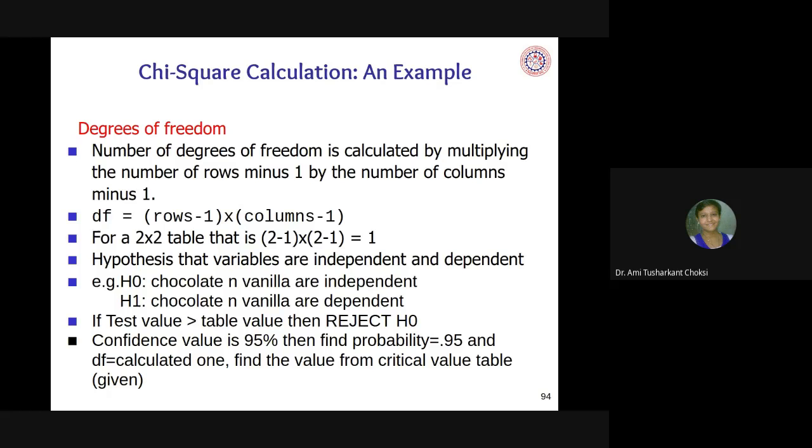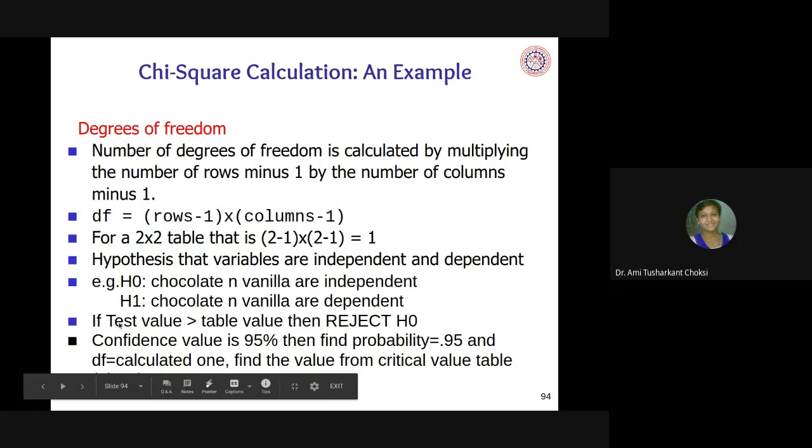I'll show you the table. That is the critical value we will find from the table. Then the condition: if the calculated value from the chi-square equation is greater than the value we find from the table, then reject H0. Otherwise, accept it.